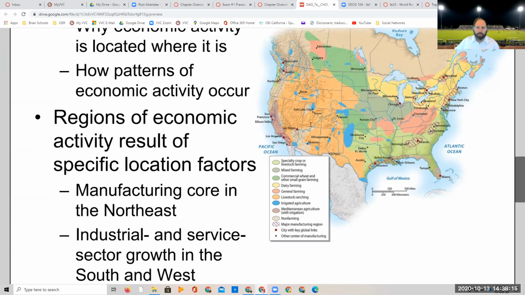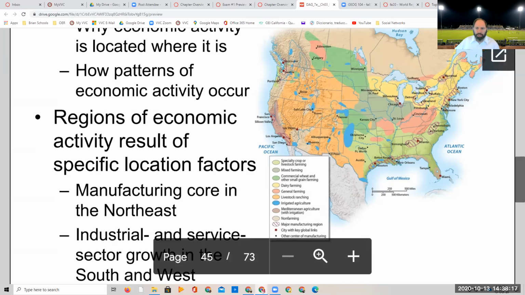But notice where a lot of these manufacturing places are. Oh, they're right up on the sea. They're right up on the sea or the oceans or water bodies like the Great Lakes. The only exceptions are the I-85 boom belt in the Carolinas and I-20 between Atlanta and Birmingham.